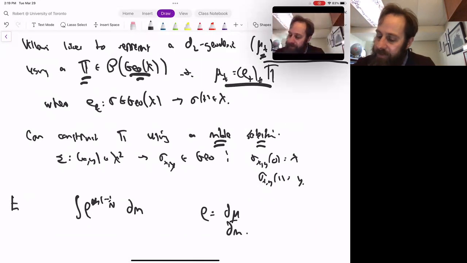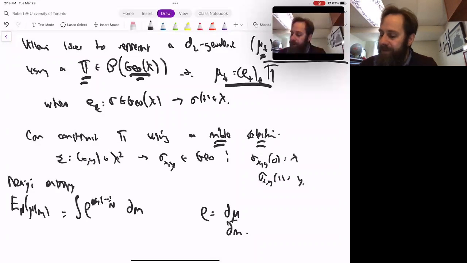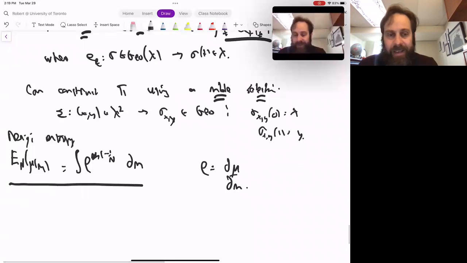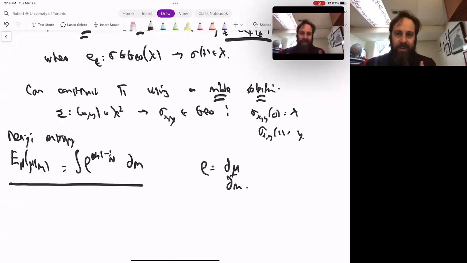Some people call it the Rényi entropy. For CD(0, N), this is basically equivalent to asking for convexity of this along D2 geodesics. And CD(K, N) is actually hard to write down in terms of either this thing or the Boltzmann entropy, unless you have this notion of KN convexity.